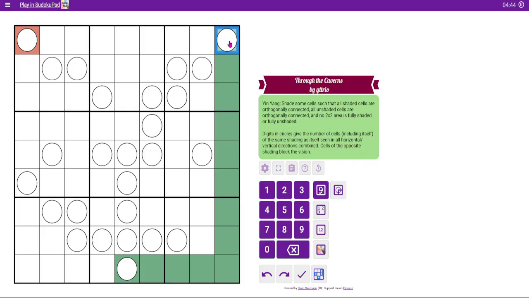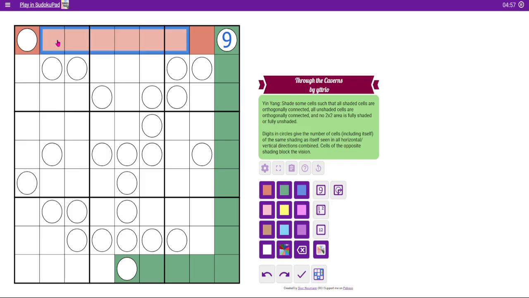So this one sees 9 digits now, as we learned from before, which means this one needs to be a red cell now. Which means, same as before, we need to connect the reds together. And now this one sees 8 red shaded cells.